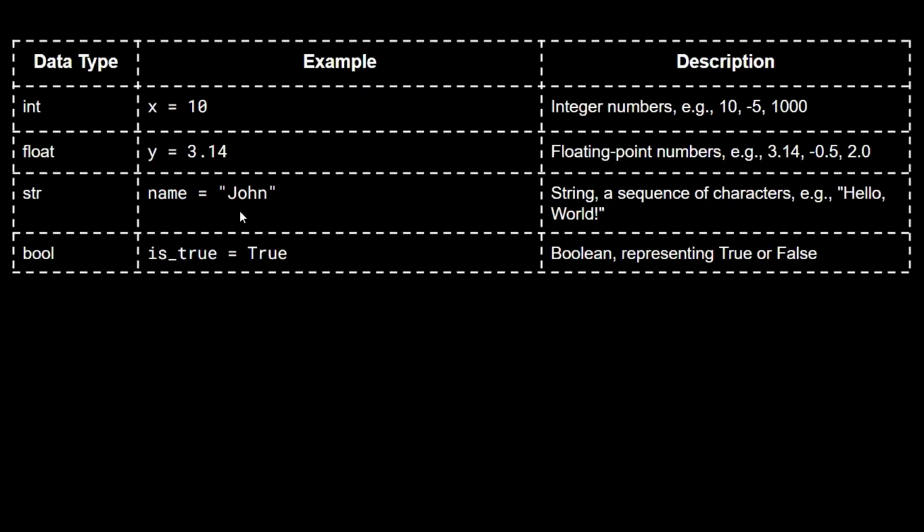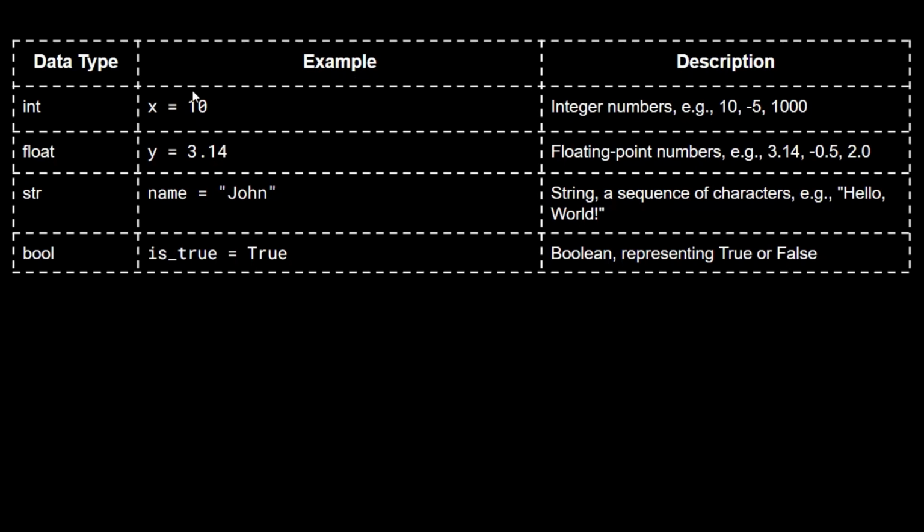We can understand this better with an example. You can see on the screen there is a list of data types, examples, and descriptions. You can see that there are int, float, str, and boolean. These all come under simple types.